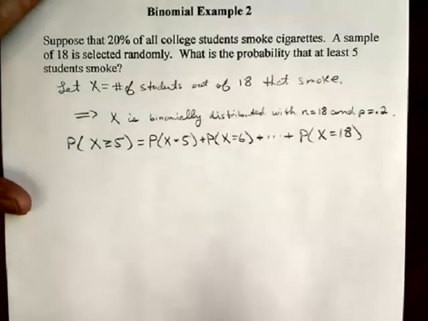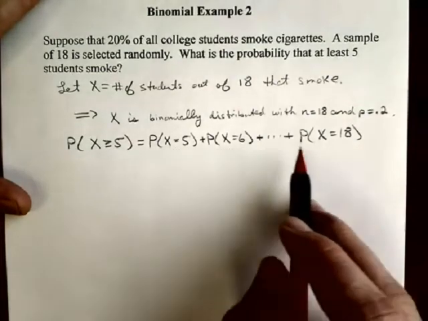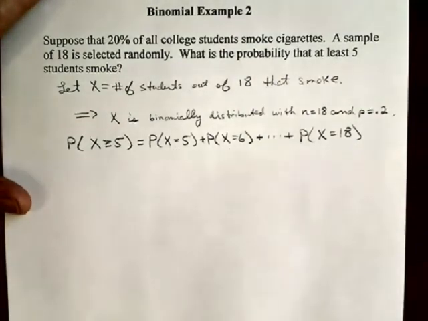Each of these is a binomial probability, so there are 14 of them to compute. That's a lot of times to use the binomial PMF, the probability distribution function.